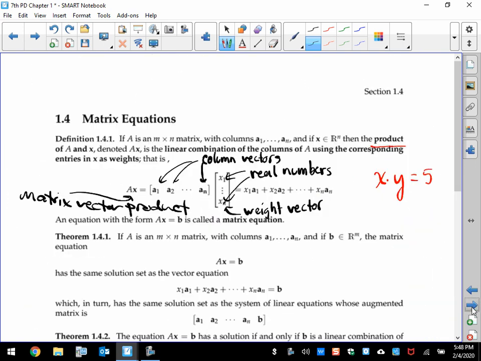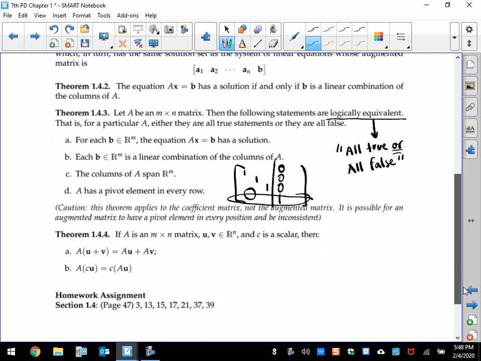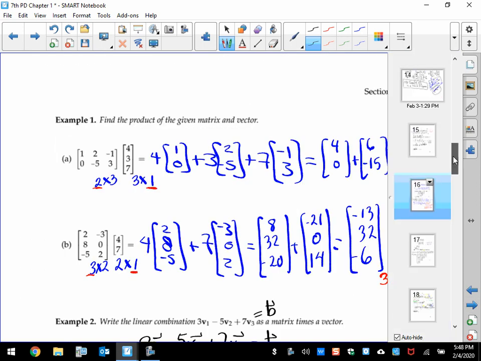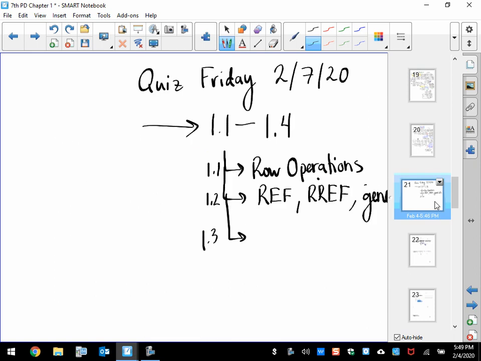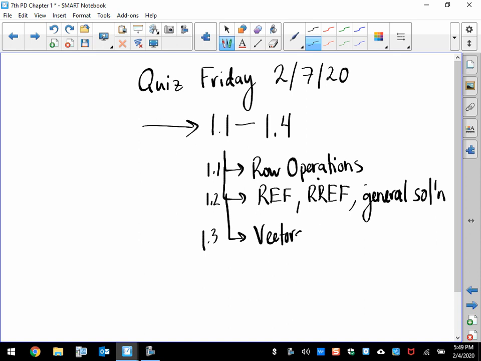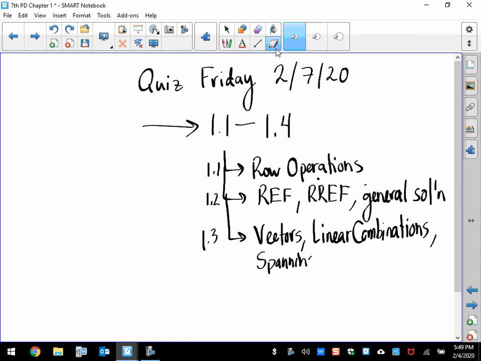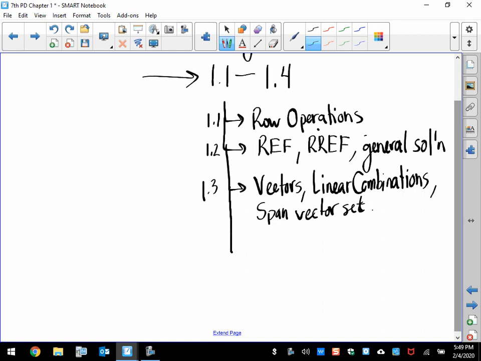So we started linear combinations. And then we did matrix equations last class together. So let's go ahead and put that on the list there. Okay, so this was vectors. And then we did linear combinations, and spanning sets. I'll just say span of a vector, span of a vector set. And we determined how to tell whether or not a vector is in the span of a set.